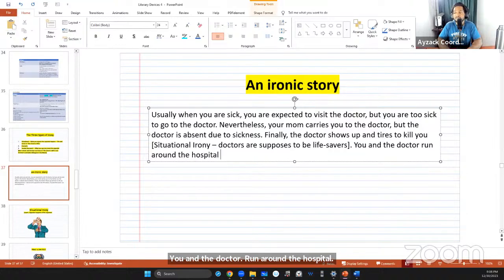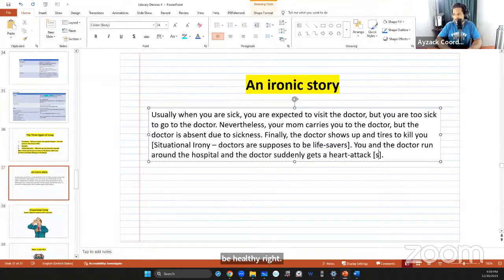And the doctor suddenly gets a heart attack. That's ironic because doctors are supposed to be healthy, right?